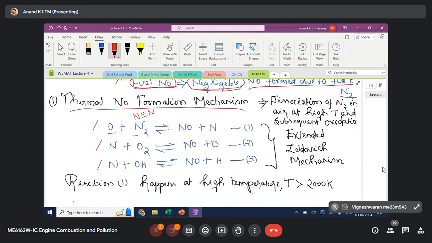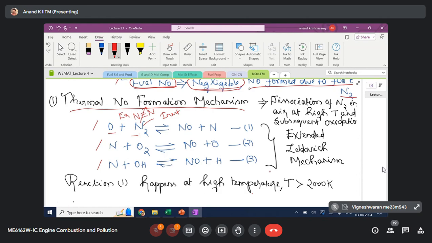That's why this is also called an inert species. Nitrogen is one of the inert species, a very stable molecule, because it consists of a triple bond. Now, if you have to form a radical from this stable nitrogen, you have to provide a very high activation energy. Very high activation energy is required to form a radical from a stable nitrogen molecule.